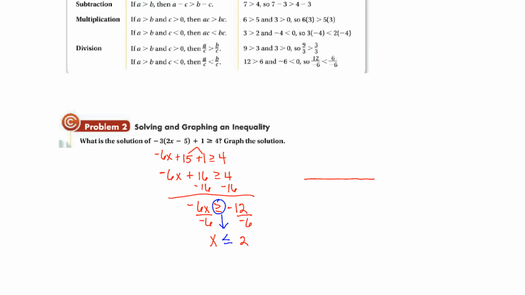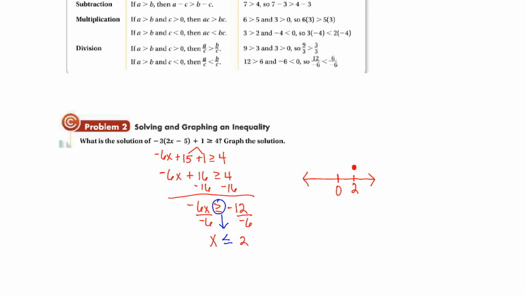And then if I make my graph, I draw my line, making sure we put arrows on the end, mark my 0, put my target number on the side of 0 it belongs on. In this case, 2 is to the right of 0. My symbol includes the equal sign, so I have a filled in circle above 2.